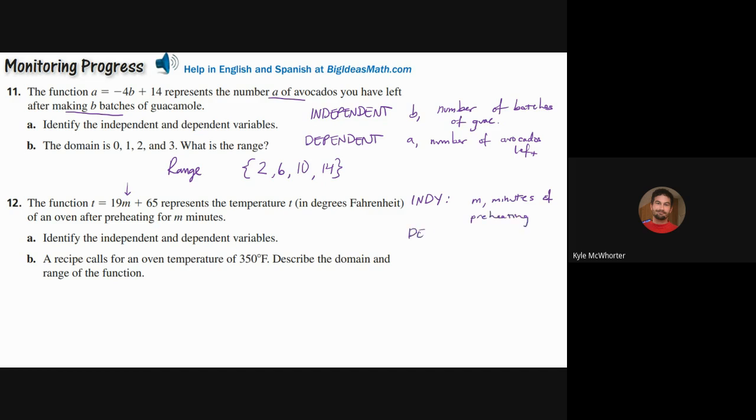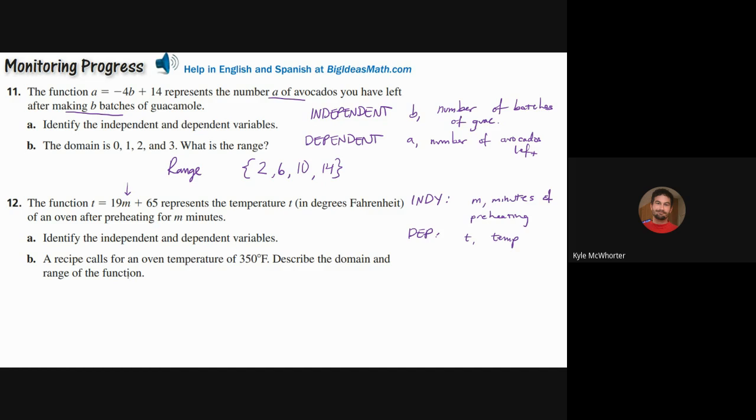The dependent variable is T, the temperature. And the recipe calls for an oven temperature of 350 degrees. Describe the domain and range of the function.